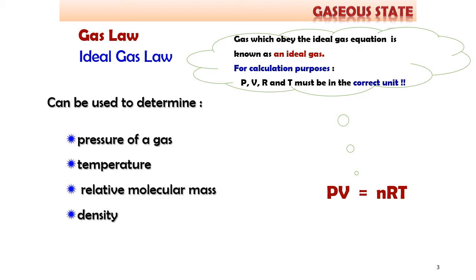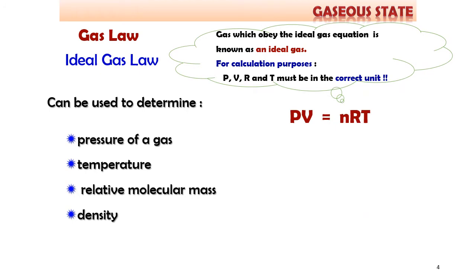For the ideal gas law, you can use it to determine pressure, temperature, relative molecular mass, and density just by rearranging this equation. For example, if you want to find pressure from PV equals nRT, you just rearrange to nRT over volume.